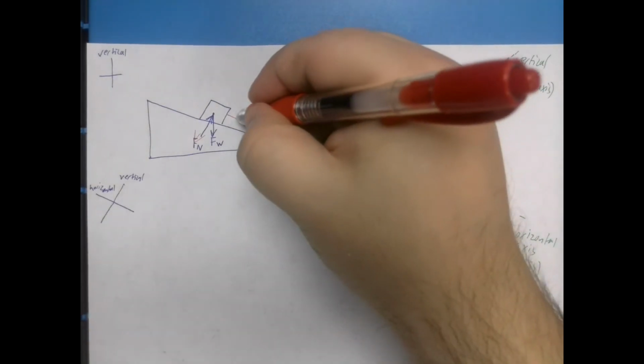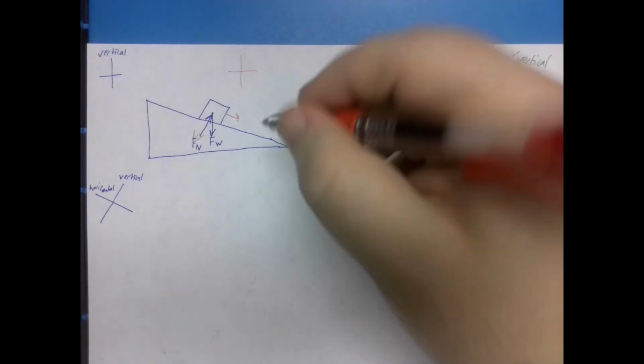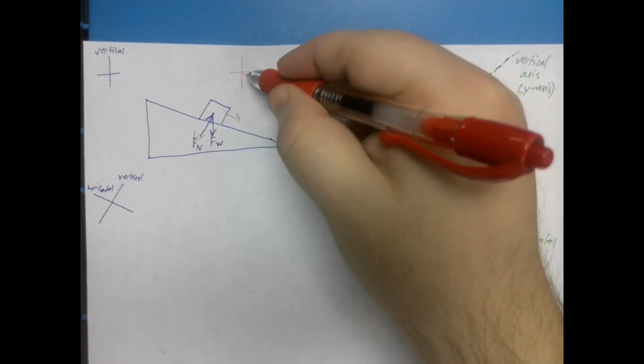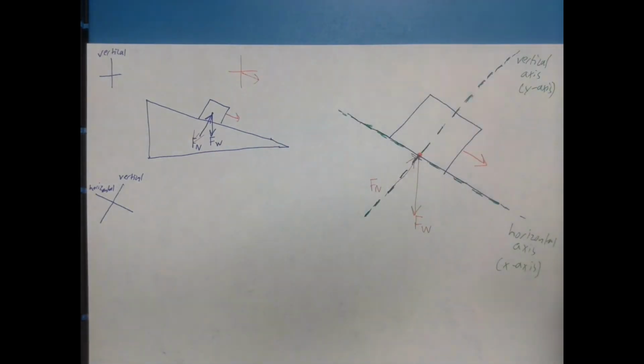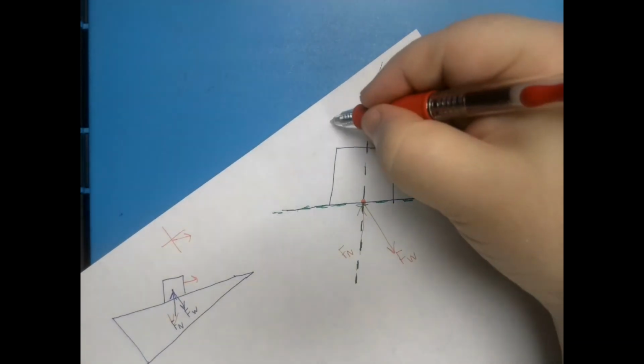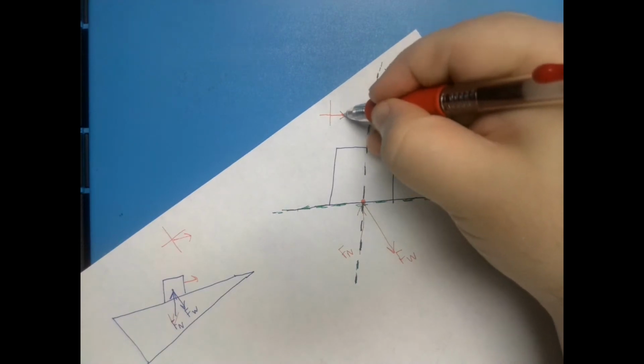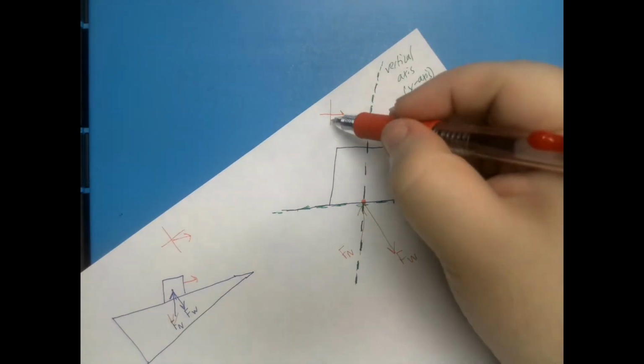So in our old system, where we had the vertical like this and the horizontal like this, yes, it's moving in this direction. But when I rotate this, it is moving in this direction, right? It is just moving to the right in the horizontal direction.